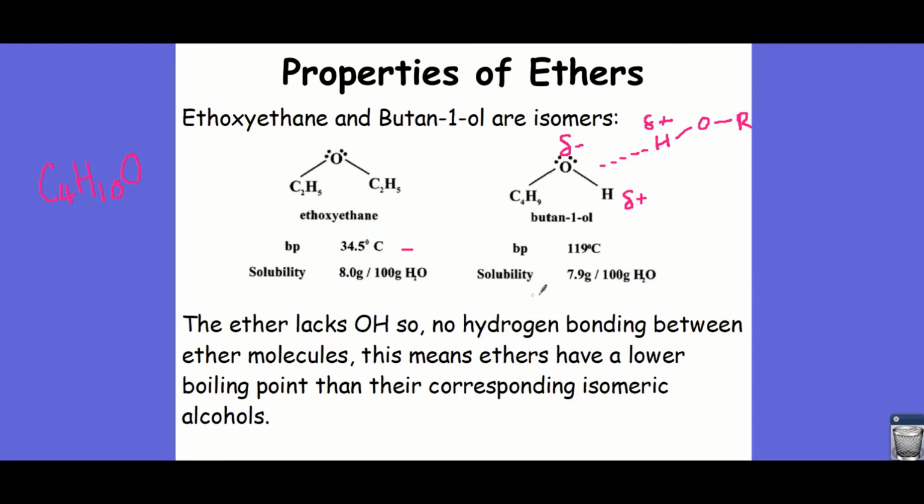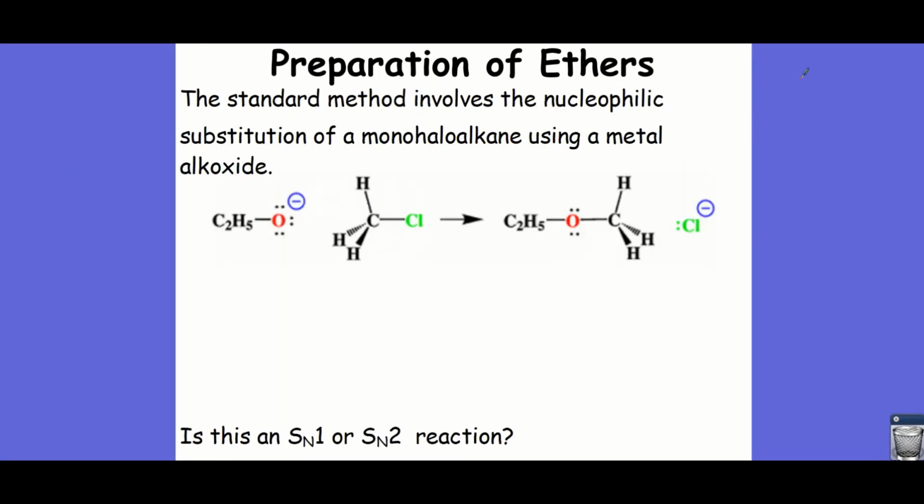But have a look at the solubility. The solubility is roughly the same. Right, so just to go over once more about the preparation of ethers, it's obviously something we have touched on before. So it just involves standard nucleophilic substitution of a monohaloalkane, as we've looked at before.